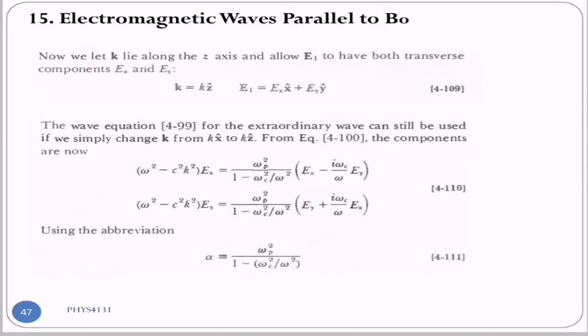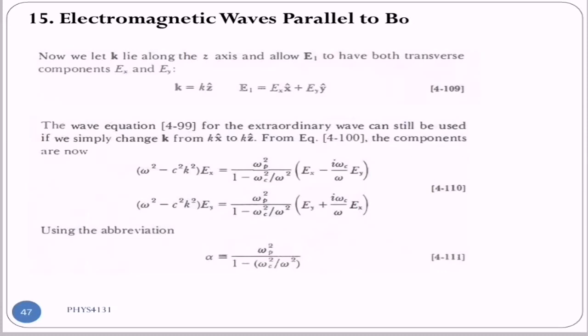The wave equation for the extraordinary wave can be used, but we have to change k from kx hat to kz hat. Then we write the components for Ex and Ey.